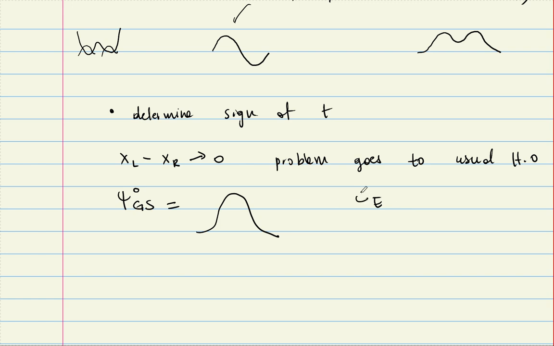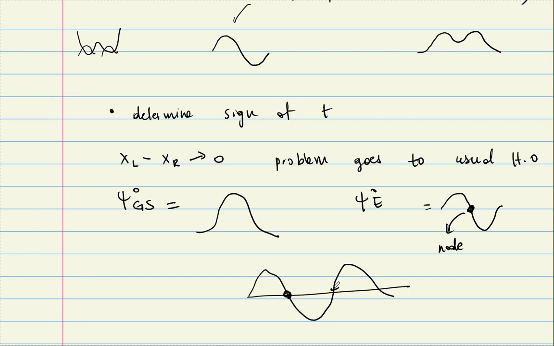And we also know the excited state. One is Gaussian, the other one has one node here, in the excited state. And there's also a third excited state, with 2 nodes, and so on.